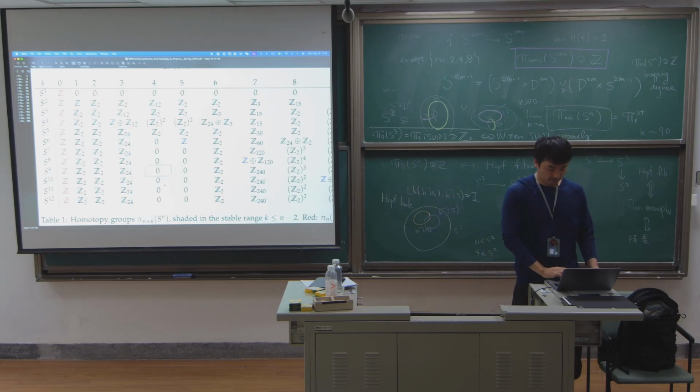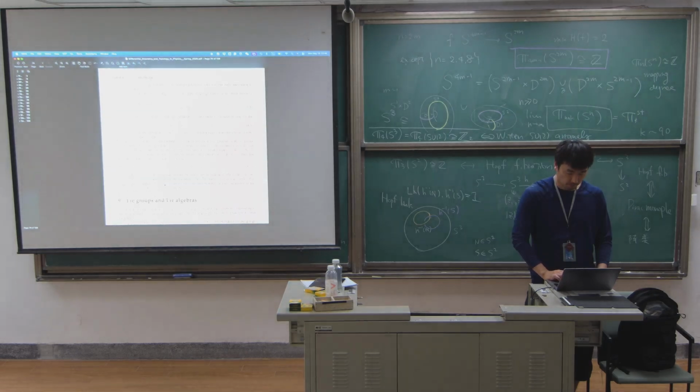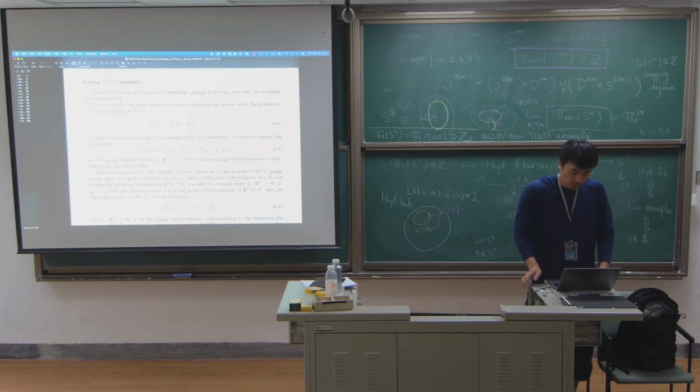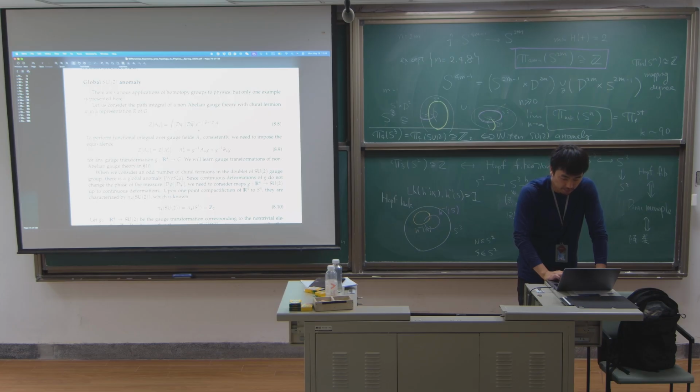The statement is that if you consider the following non-abelian gauge theory, SU2 gauge theory, with Weyl fermion psi in representation R, and then you use a gauge transformation of this path integral, you will get this transformation.